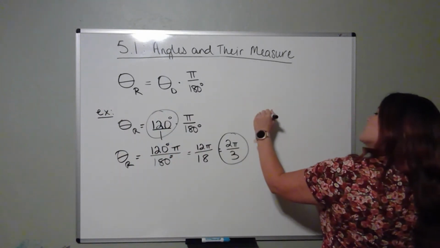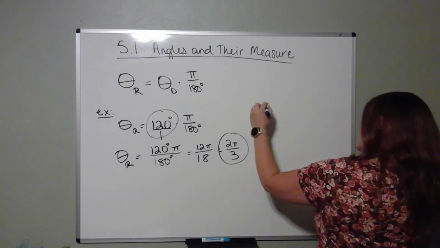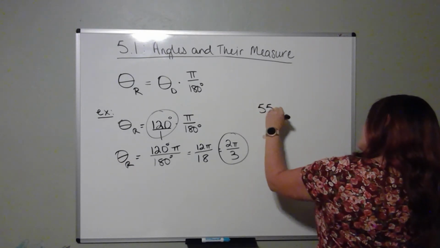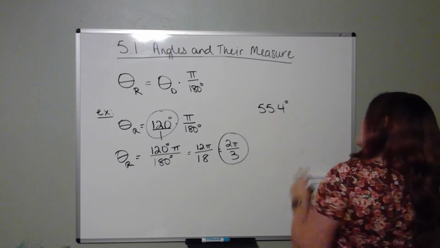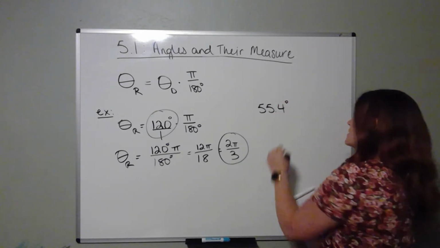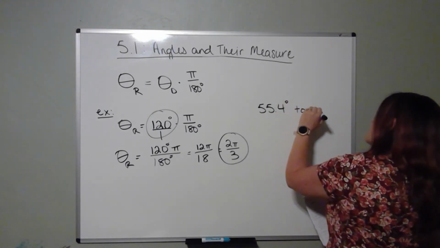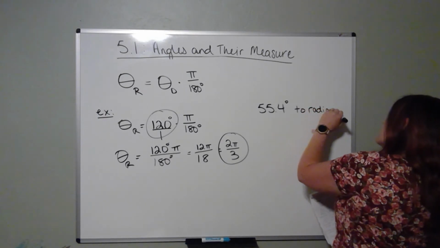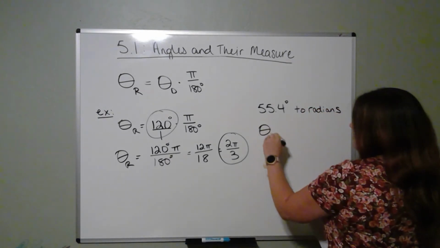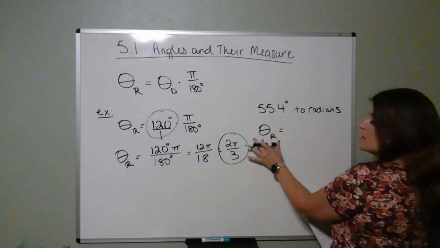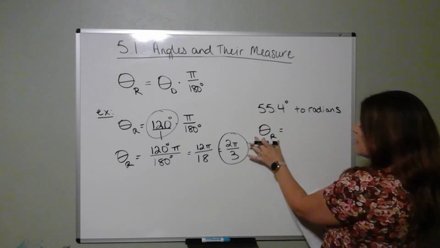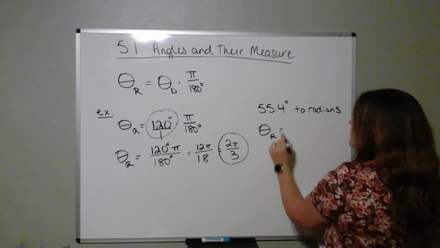All right, guys, so on this one, I have an angle of 55.4 degrees, but I want to put it in radians. So remember, you start with what you want to find on the one on the side alone. And so I want radian measure.